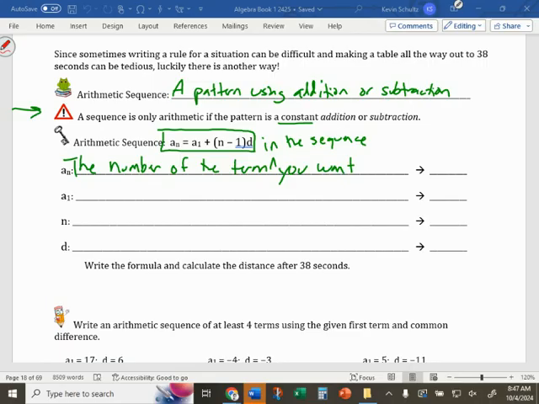Initially, yes, but then when I said calculate it after 38 seconds, we wanted the 38th term, okay? So in our example above, n would equal 38. Or, hold on. Yes, we'll scratch that. This is the answer.